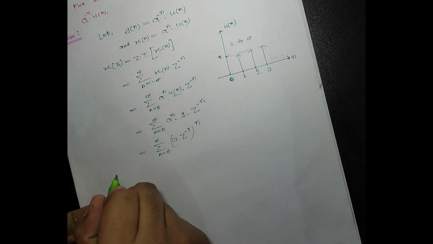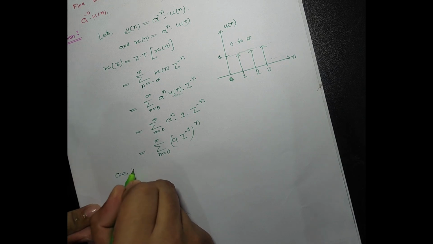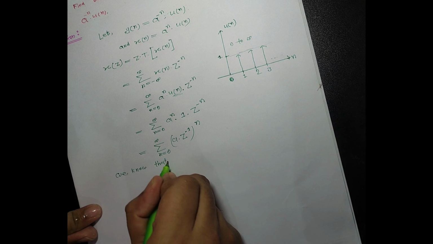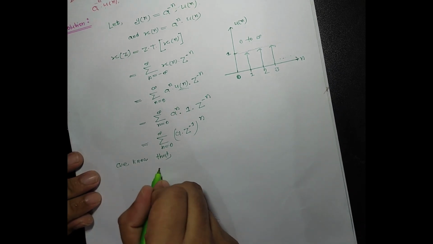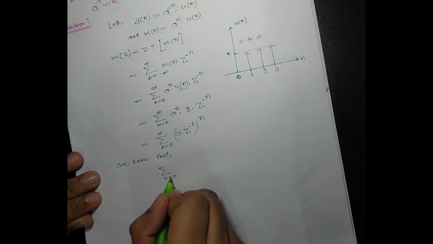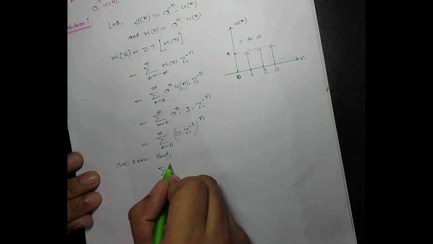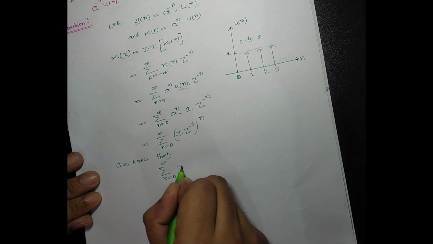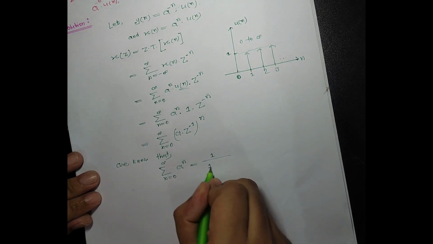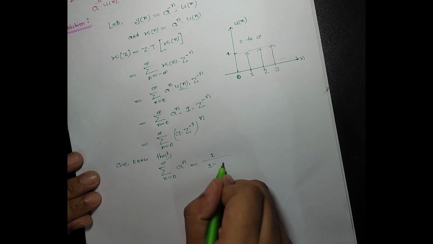We know that summation of n equal to 0 to infinity a to the power n equal to 1 by 1 minus a.